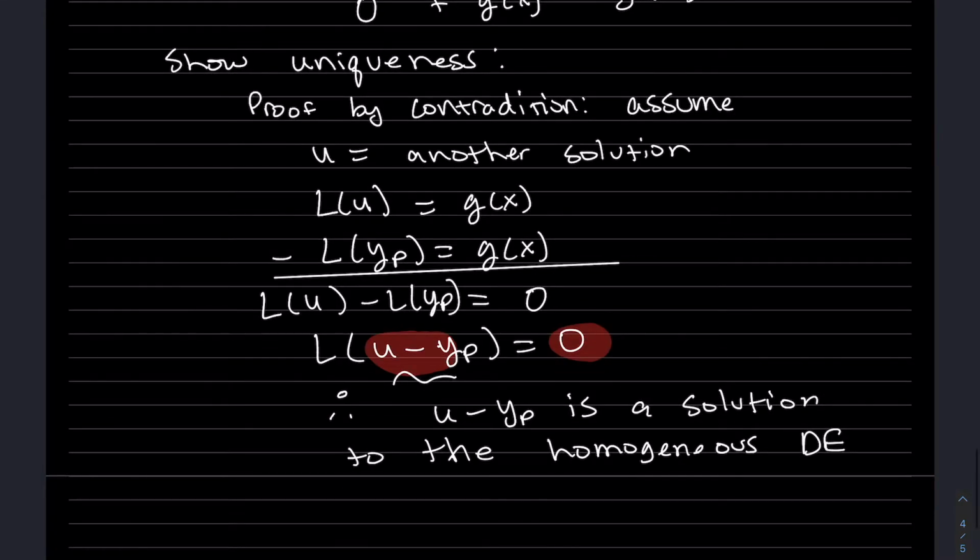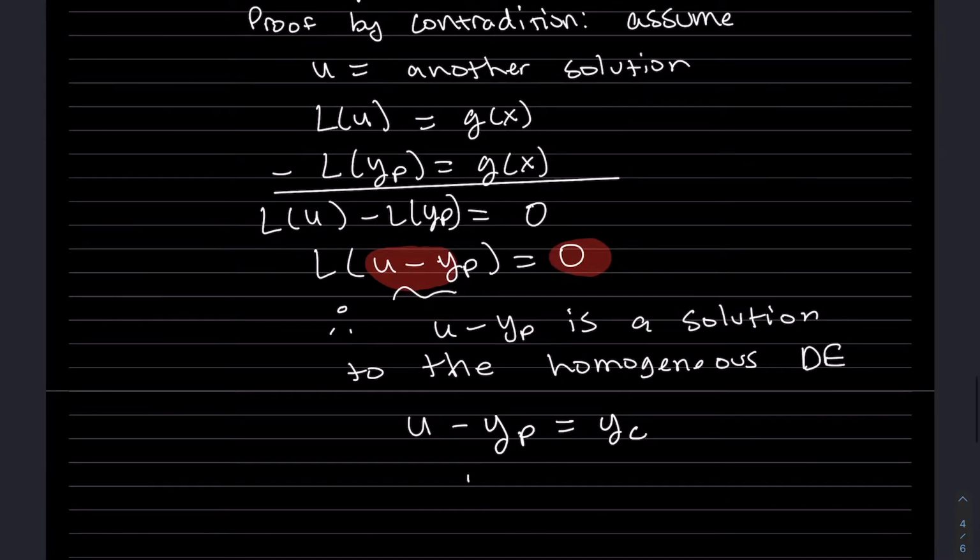So if it is, then u minus yp would have to equal yc, and u equals yc plus yp, and that's the same solution, which means contradiction.